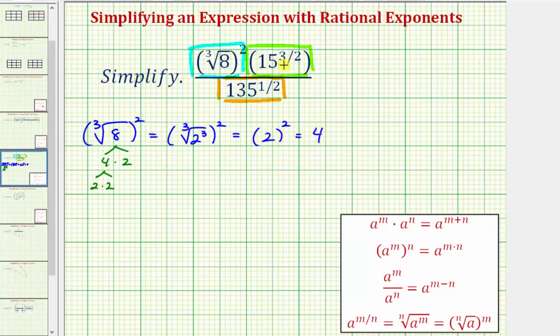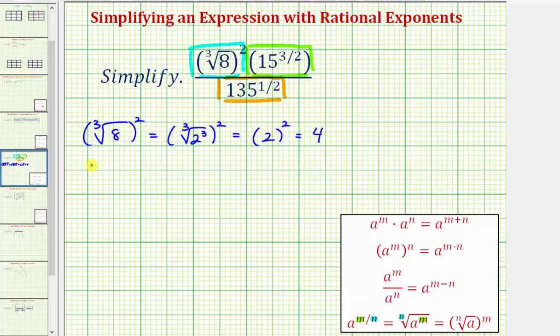Now let's simplify 15 raised to the power of 3 halves. To do this, we'll write 15 raised to the power of 3 halves in radical form, where if we have a raised to the power of m divided by n, this is equal to the nth root of a to the m. So notice how the denominator of the rational exponent tells us the index, and the numerator tells us the exponent.